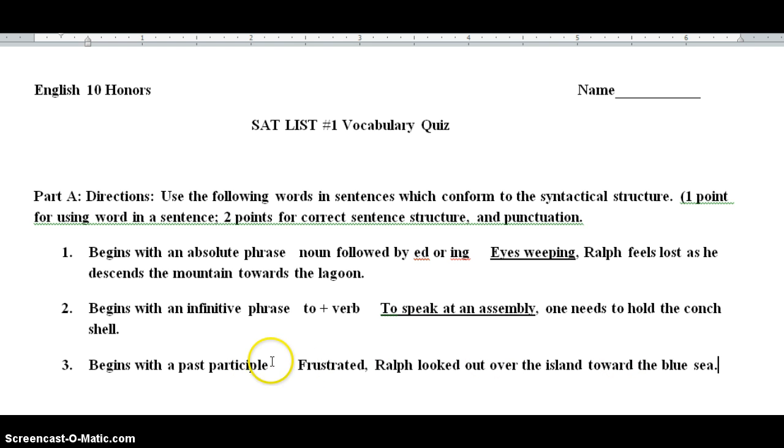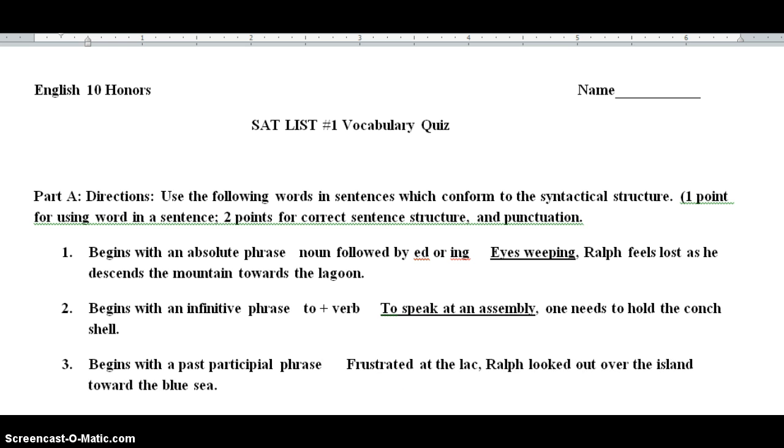Now if you want to make a past participial phrase, we can just say, frustrated at the lack of order, Ralph looked out over the island toward the blue sea. Again, in this case, here's our past participial phrase.